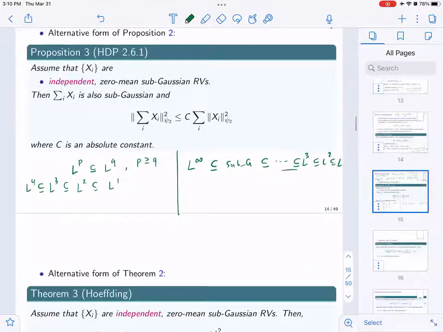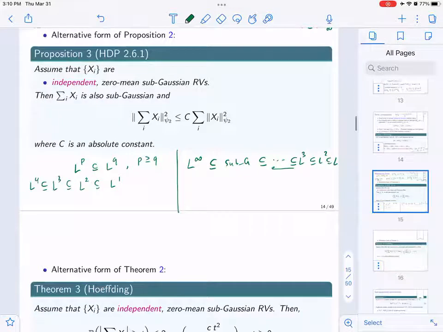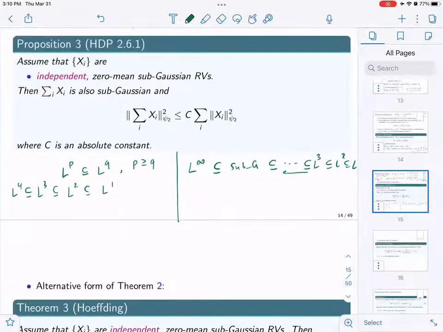So it gets smaller and smaller, like infinitely smaller, and then you hit the subgaussian, and then you hit L infinity. Okay, so they're much bigger classes. So Cauchy, for example, is in this, but not in this. There are random variables that are in this, but not in this, and so on. Okay, so it's a fairly small class, but it's still bigger than L infinity. What happened to L1?